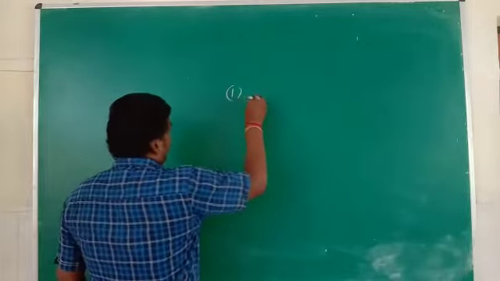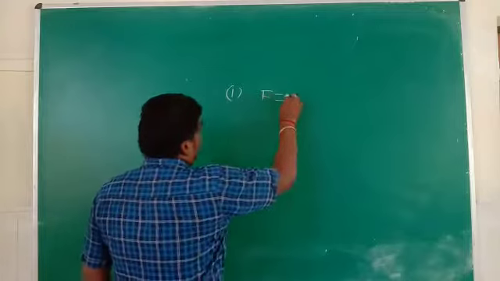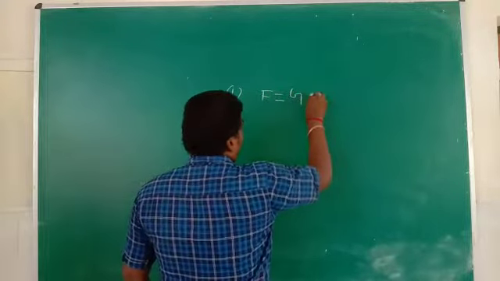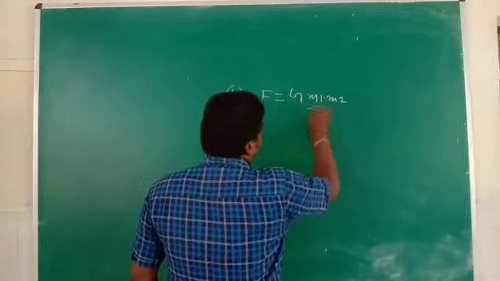We know the relation F is equal to G m1 m2 by r square.